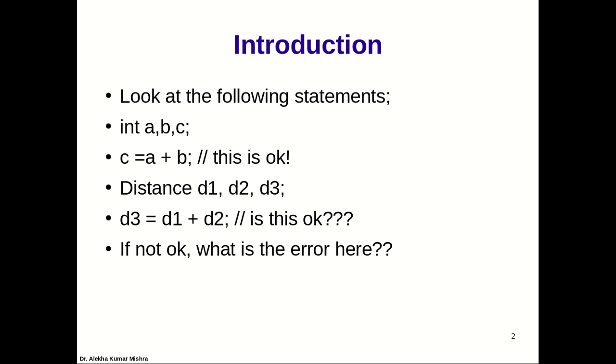So since this is not only defined for primitive types, C++ as an object-oriented programming language supports this feature: we can use plus or other operators not only for primitive types but also for user defined types. But for that we need to do some additional task.